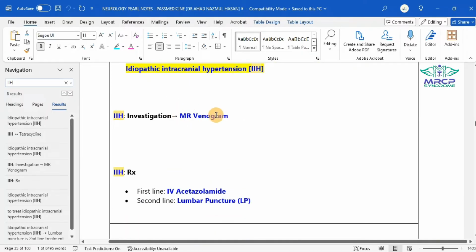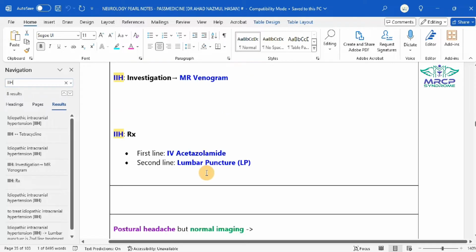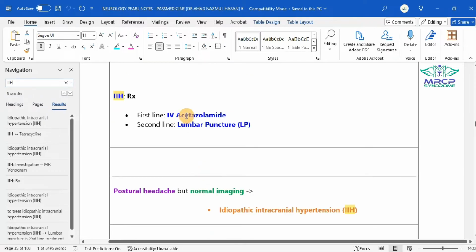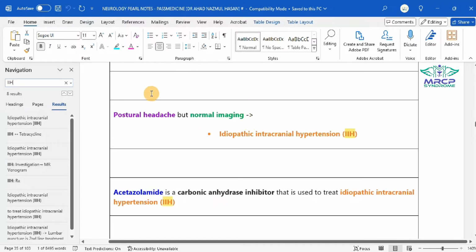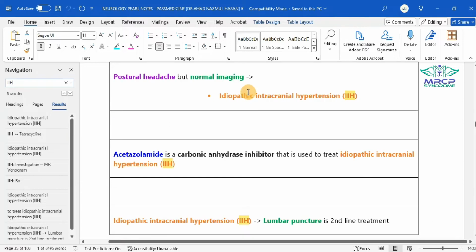And investigation would be the MR venogram, first line treatment would be IV acetazolamide, and second line would be lumbar puncture. And whenever you find postural headache with normal imaging, think of idiopathic intracranial hypertension.